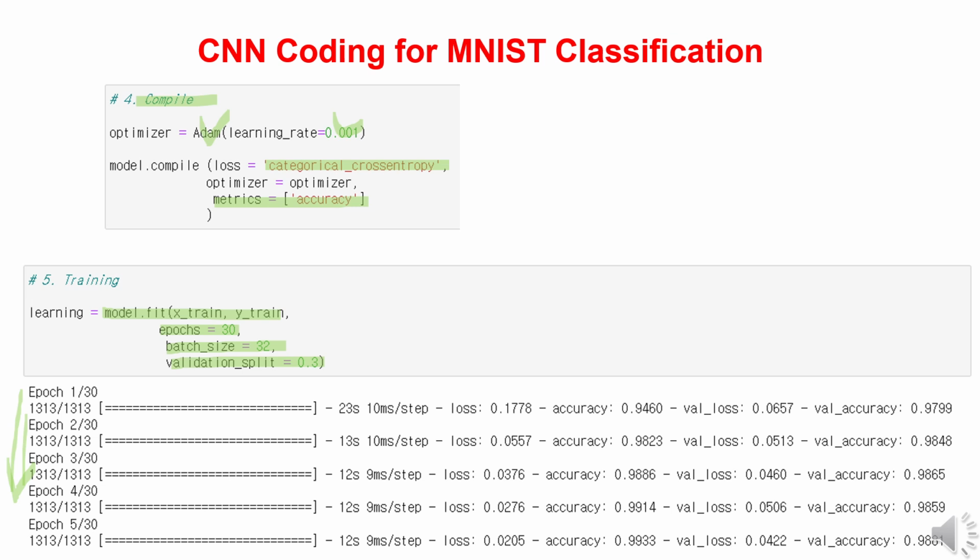The training process will store information such as loss and accuracy in a variable called learning. As training progresses over multiple epochs, we can observe the loss gradually decreasing and the accuracy steadily increasing.